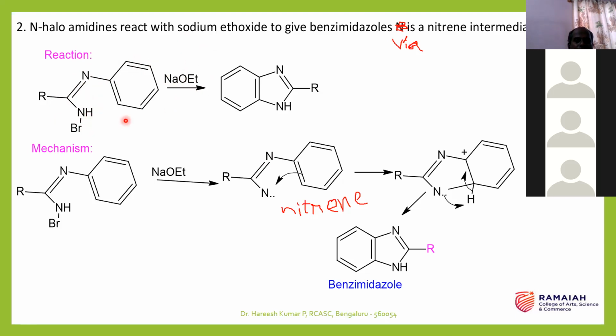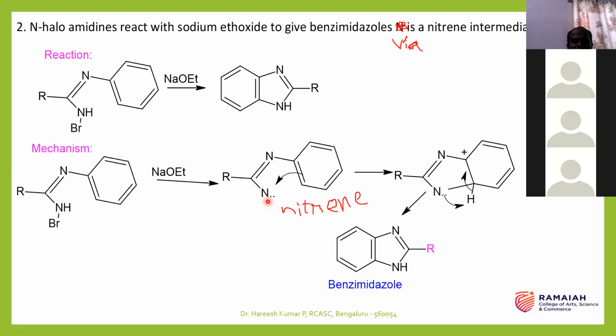Overall, this sodium methoxide is a strong base. It captures this proton, leaving the bond pair there itself. Once the bond pair is left there, what will happen? There will be a nitrene formation.